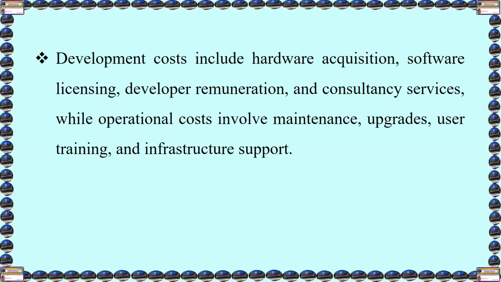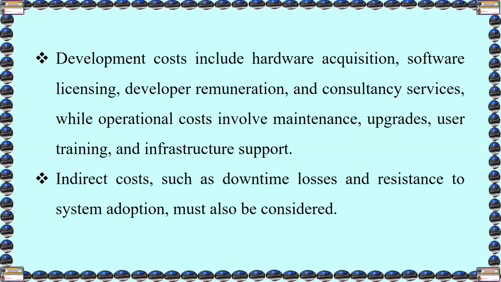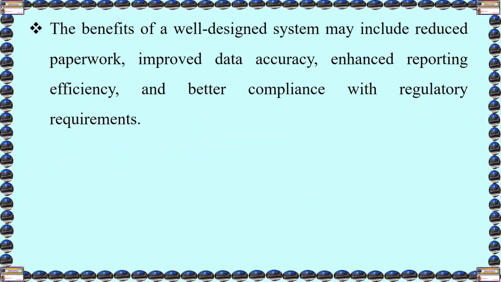Development costs include hardware acquisition, software licensing, developer remuneration, and consultancy services, while operational costs involve maintenance, upgrades, user training, and infrastructure support. Indirect costs, such as downtime losses and resistance to system adoption, must also be considered.